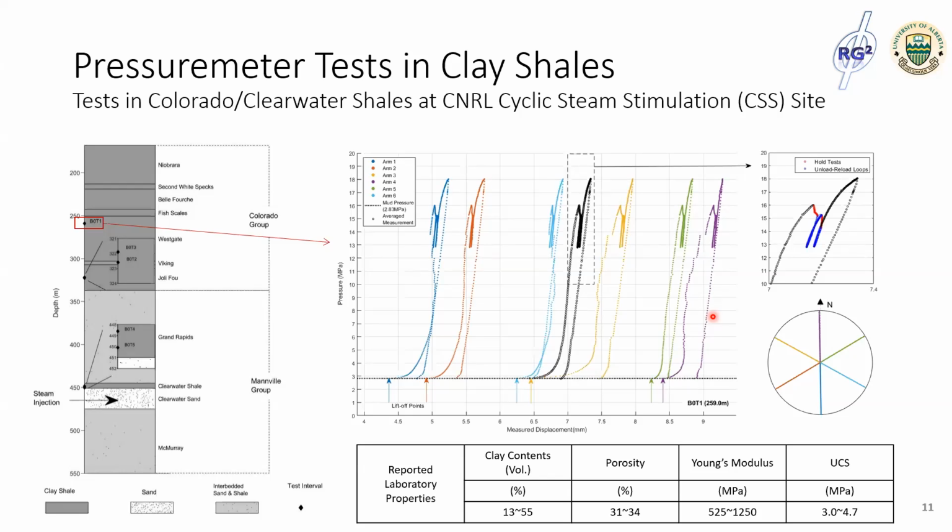There is also evidence from our core logging of fault planes dipping through the borehole, and we use that as evidence to explain these abnormal behaviors observed in the pressuremeter testing data, but we never systematically did any analysis on that.